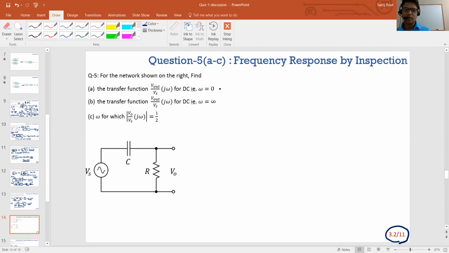But typically, when you're analyzing circuits, most of them are very complex and it'll be very difficult to do that. So usually we do it by inspection, right? You derive the same thing by inspection because that gives you intuition. You know where the pole and zero locations are.